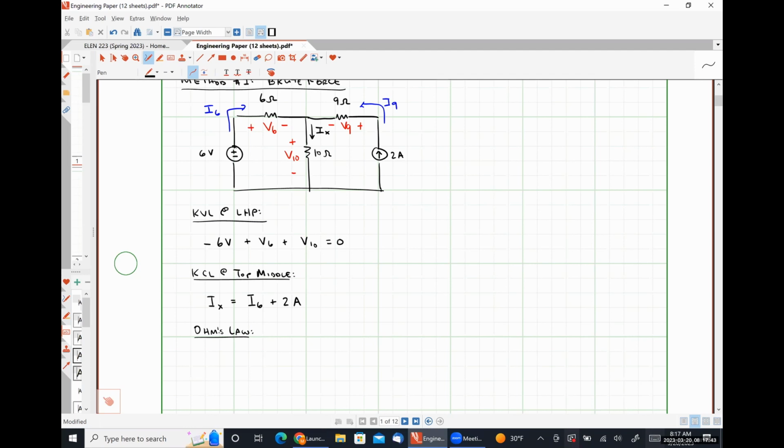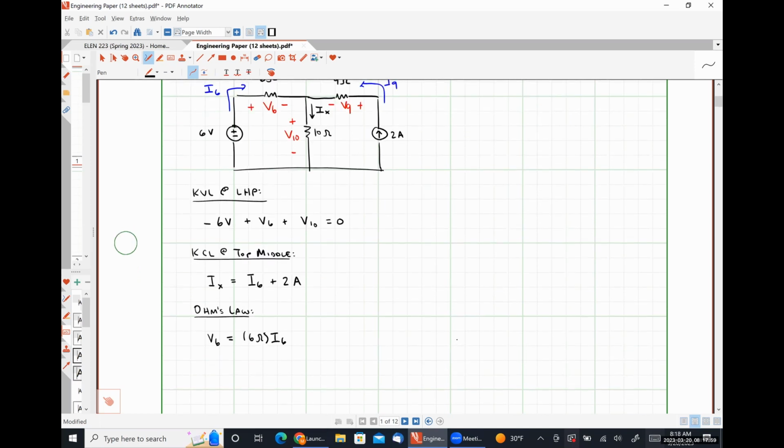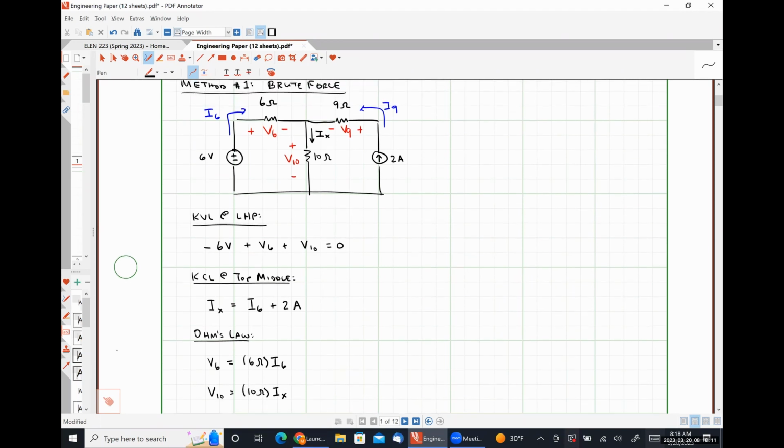So I could say that, actually, let's write it this way: V6 is equal to 6 ohms times I6. And I could say that V10 is equal to 10 ohms times IX using Ohm's law. Anybody have any questions, comments, or concerns about the relationships that we've developed here?